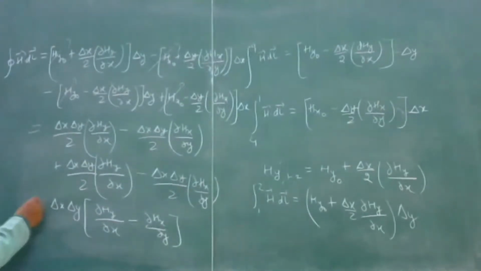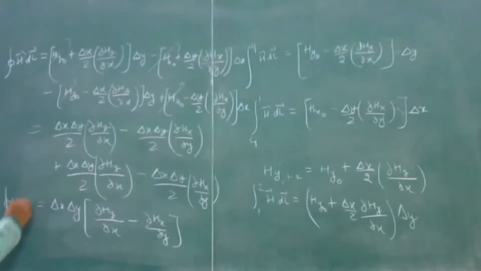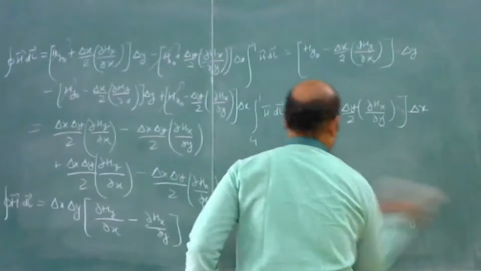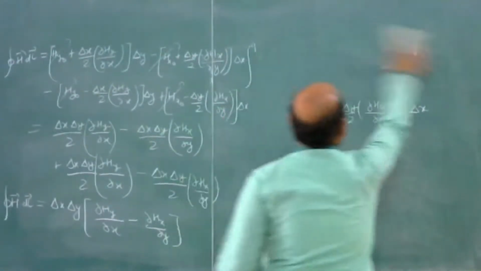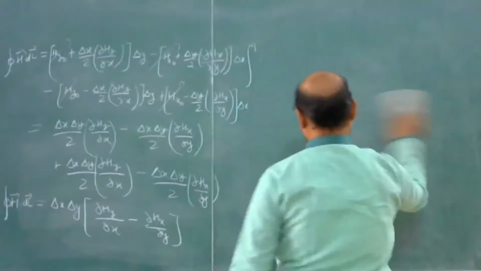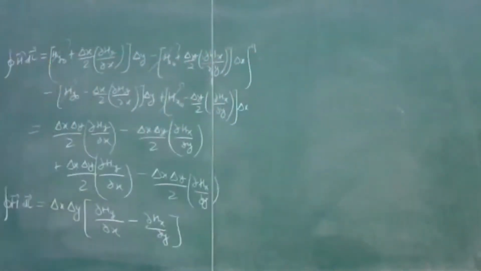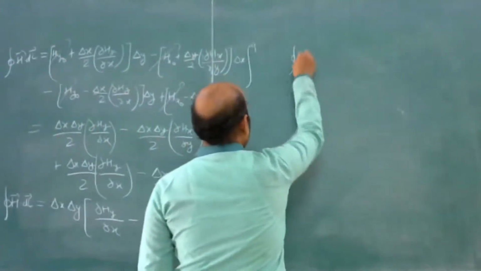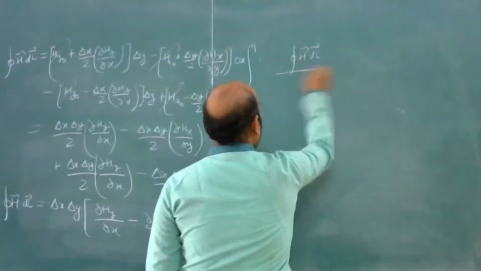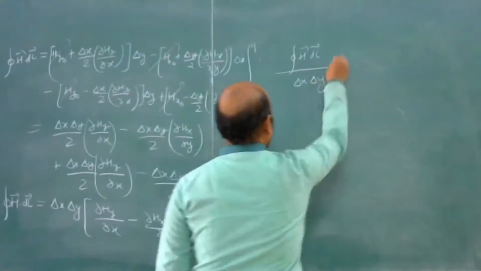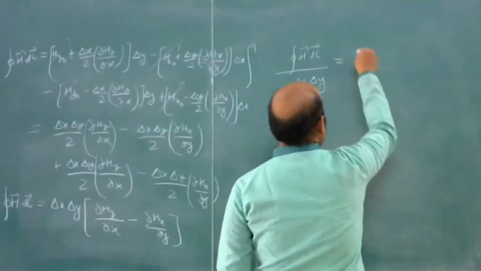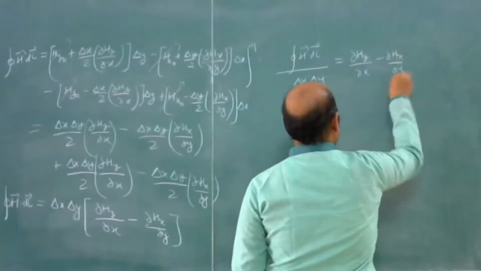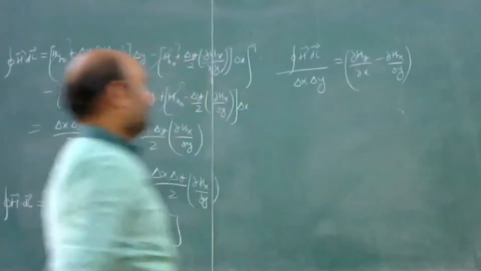So H dot dl is equal to, dividing by delta x delta y. So H dot dl divided by area delta x delta y is equal to del Hy by del x minus del Hx by del y.